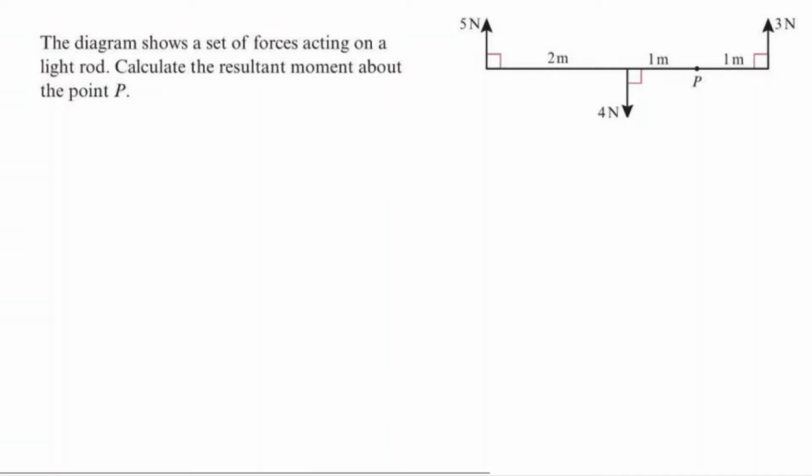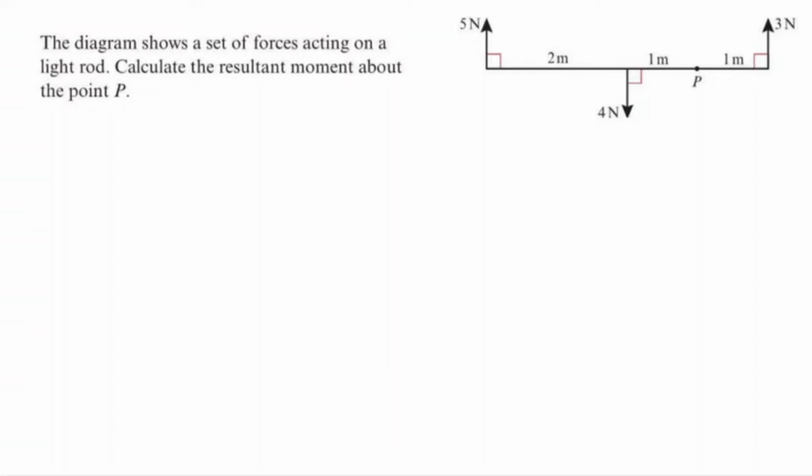The reason we're told the rod is light is that we don't need to consider any weight of the rod. We're asked to calculate the resultant moment about the point P. Okay, so there are 3 forces. They're going to produce 3 moments. We just need to take the clockwise ones and subtract the anti-clockwise ones. So we'll treat the clockwise moments as positive and the anti-clockwise moments as negative.